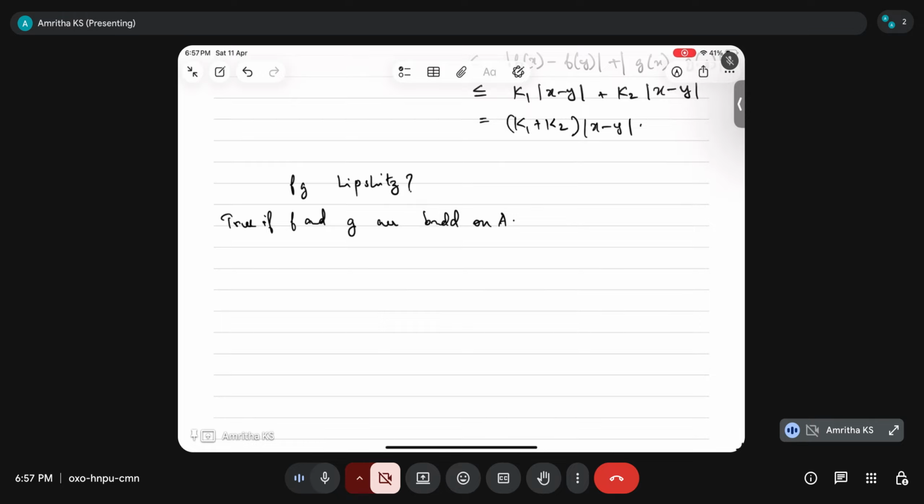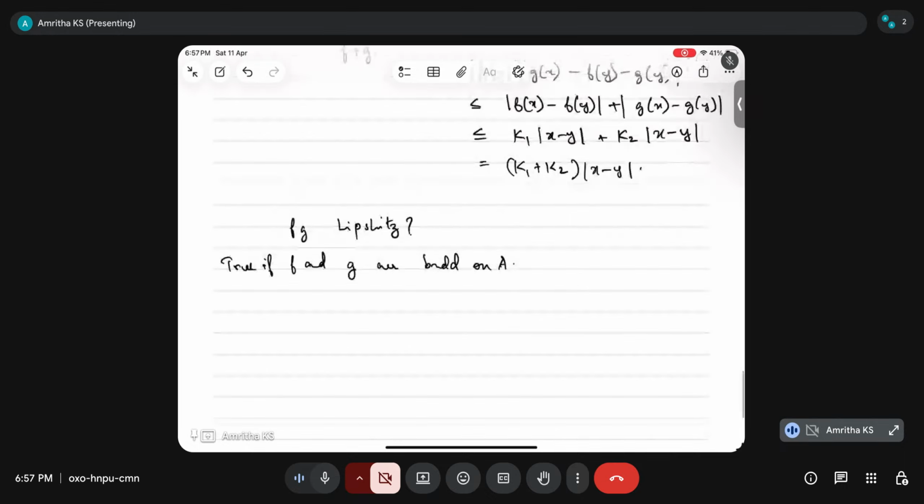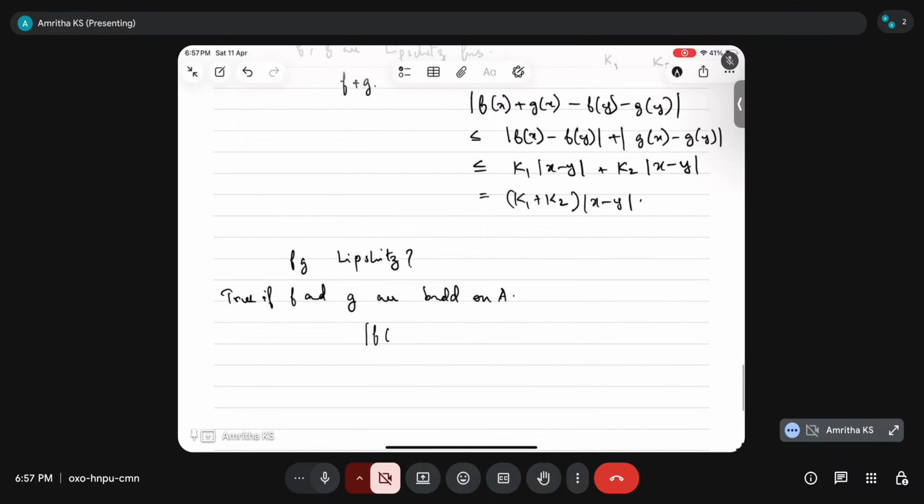For this, it is just to use some inequalities, the same kind of things actually as we saw for convergence of functions.